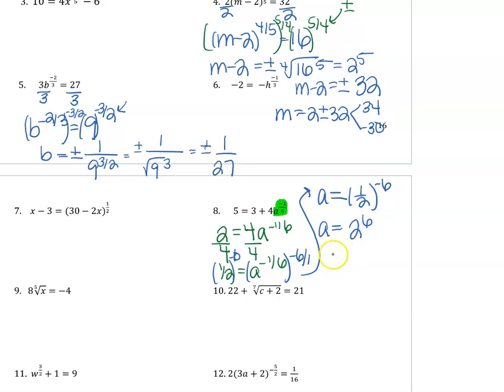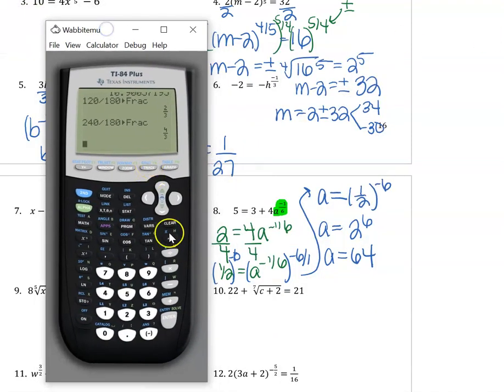Now the exponent's positive. And if 2 to the 5th is 32, times 2 again would be 64. Now let's see, does that make sense? If I pull up my calculator, and I go to the original, I have 64, store it as x, and then I can type in 3 plus 4x to the negative 1/6.